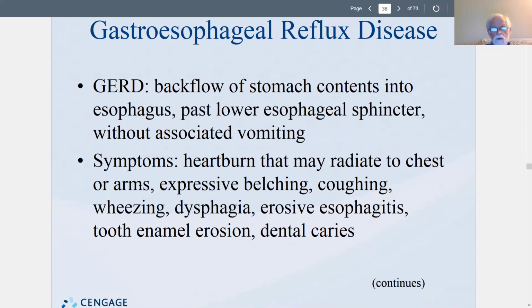The acid can start eating away at the esophagus, which is why we want to treat it, and ultimately cause a hernia in the esophagus. And the acid can also come up and erode tooth enamel.